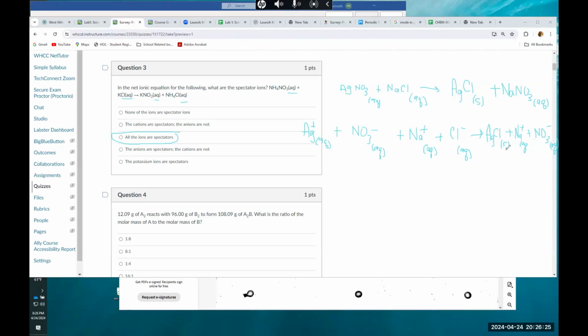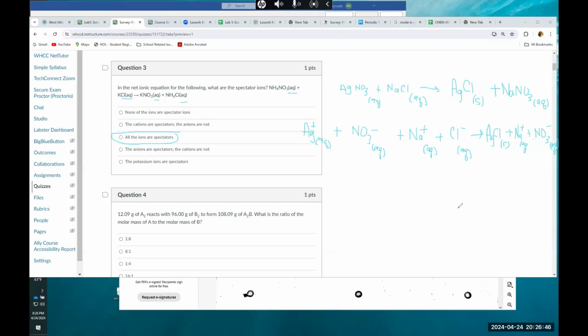So those aren't spectators. We determine our spectators because they look exactly the same on both sides. The silver and chloride come together over here, so they're not exactly the same.